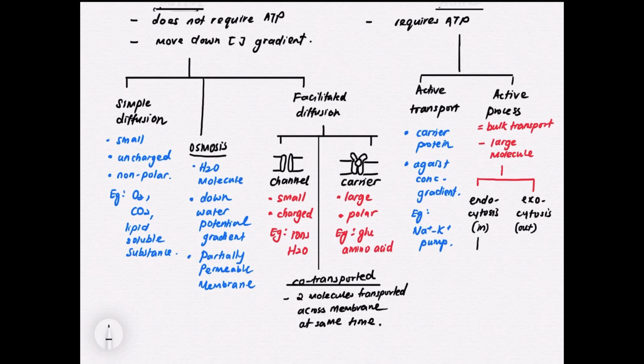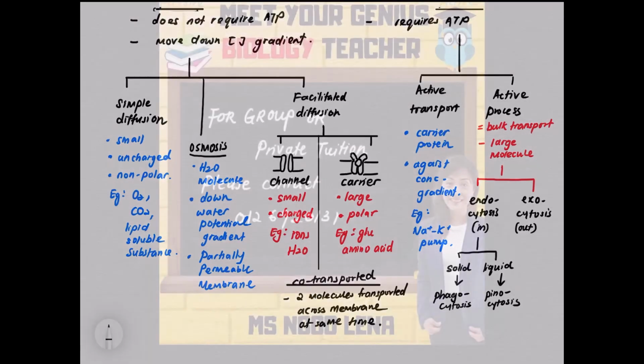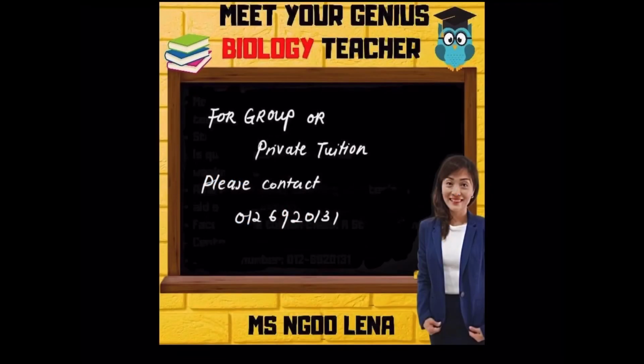Under endocytosis, there are two different ways. One is taking in solid and one is taking in liquid. The one taking in solid is known as phagocytosis, whereas the liquid is known as pinocytosis. For more details and understanding for this chapter, you're welcome to join my lesson.